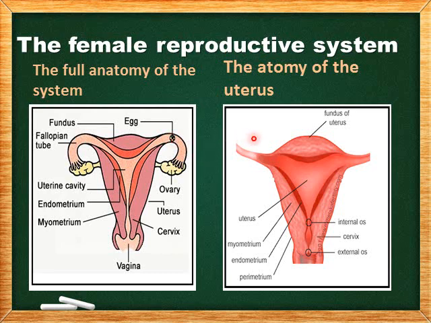So, because we are talking about these organs, we are going to focus first on the uterus and the parts it is made up of.